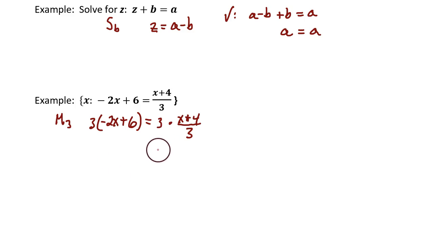The reason for doing that is that multiplying the right side of the equation by 3 cancels away the denominator of 3. Next, let's do the distributive property. 3 times negative 2x is negative 6x, and 3 times 6 is positive 18.